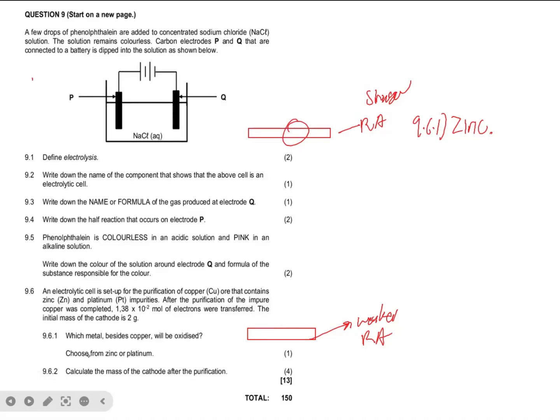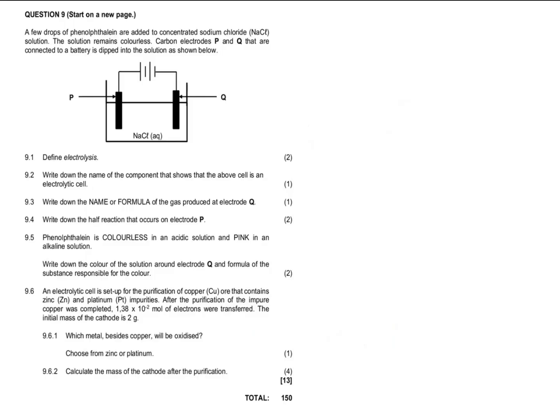Now, 9.6.2 says calculate the mass of the cathode after the purification. Calculate the mass of the cathode after purification. So obviously, we're going to start with this and then say for our copper, this is how. So they say after the purification of the impure copper was completed, 1.38 times 10 to the exponent of negative 2 mole of electrons were transferred. The initial mass of the cathode is 2 grams.